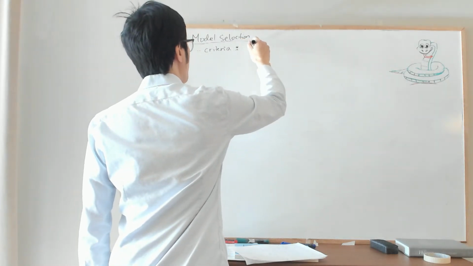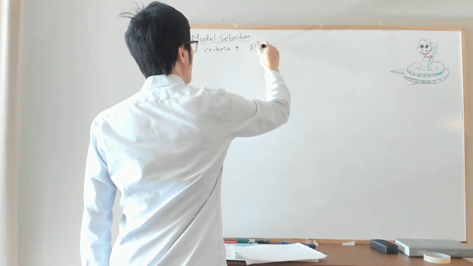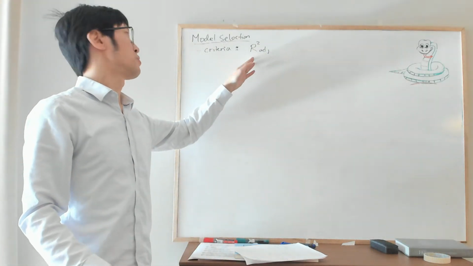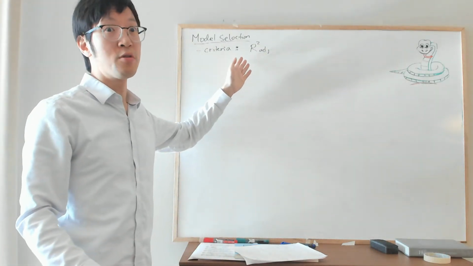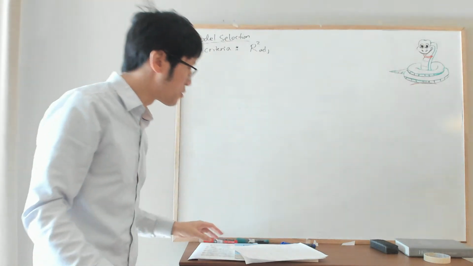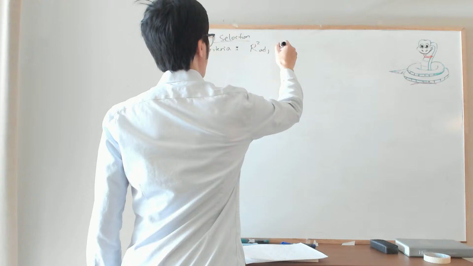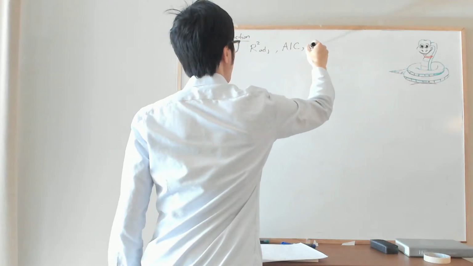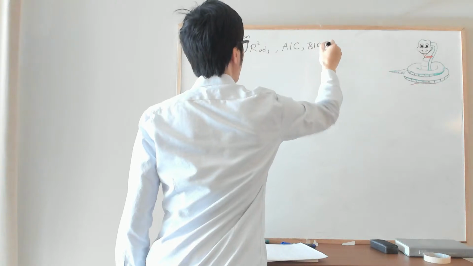For example, we had an adjusted version of R squared, which measures the amount of residual variance there is, as we showed the relationship last time. And then there are other criteria, for example, AIC, BIC.